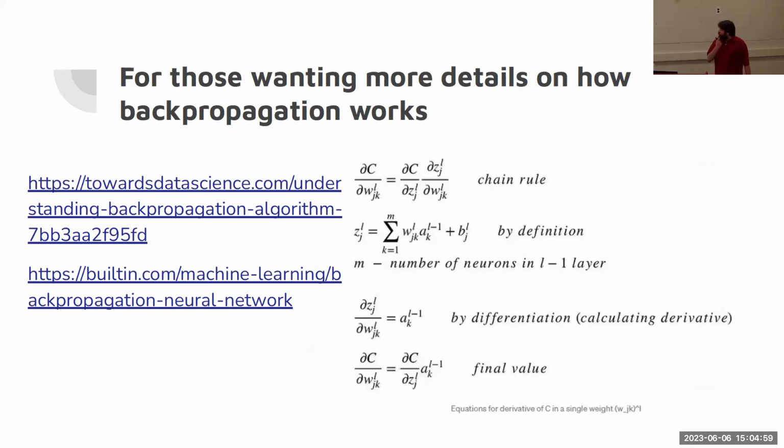And then for those that really wanted to know the math, I'm trying to stay away from it, but I put two links. I really cannot recommend Towards Data Science enough. They have really good articles that step through the math and how you arrive at backpropagation mathematically. In this case, I stole this from Towards Data Science.